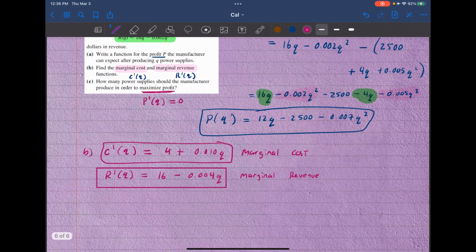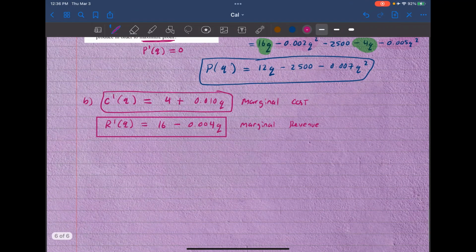We know what the profit function is, so that's the one in blue. So for part C, we take the derivative of the profit function and we're setting it to 0, and we solve for Q, meaning the item we need to produce to maximize profit.